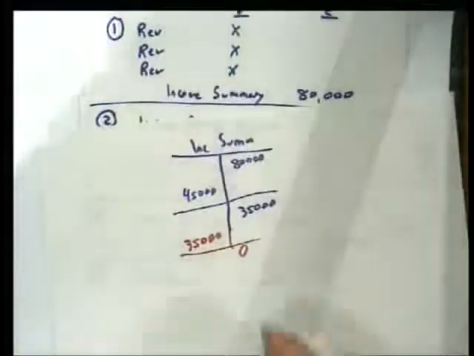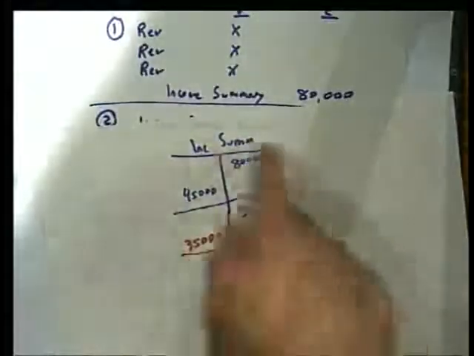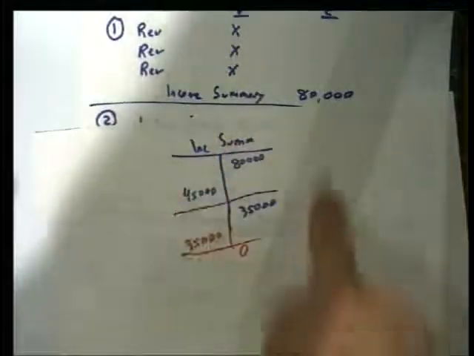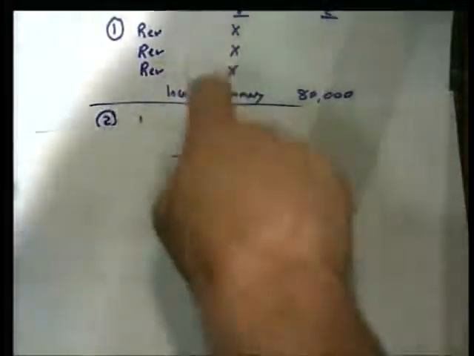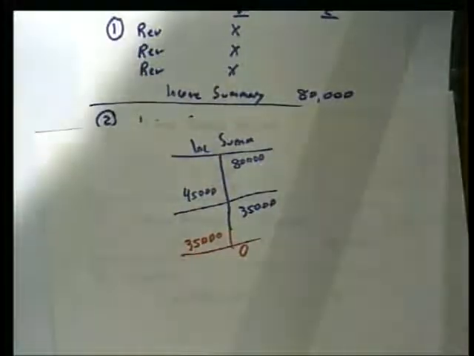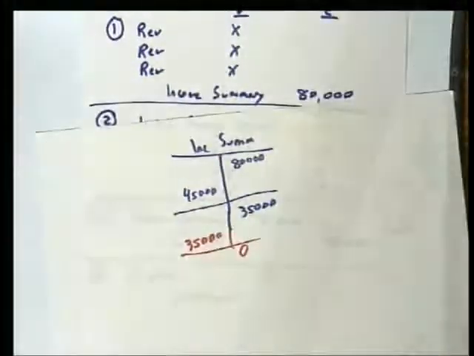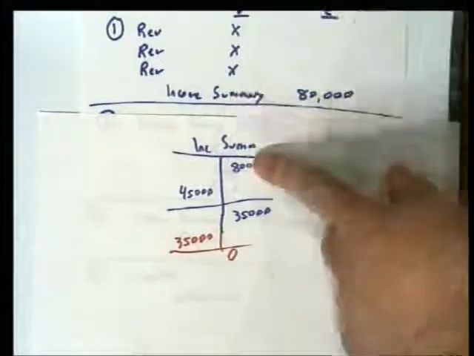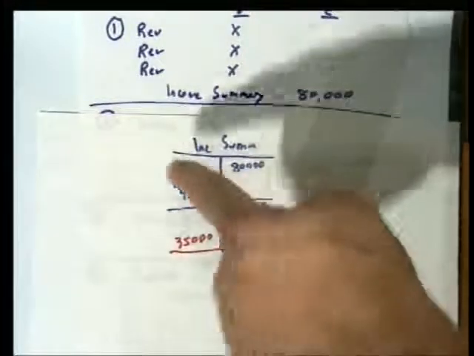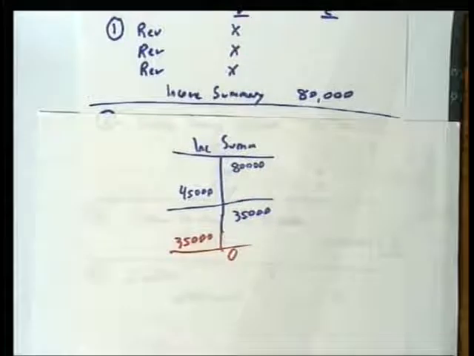All income summary is a T account that we utilize when we do the closing process. It has a very short life. It has zero balance when we start the closing process. We close the revenues to it, we close the expenses to it, and then we close it, and then we put it away.